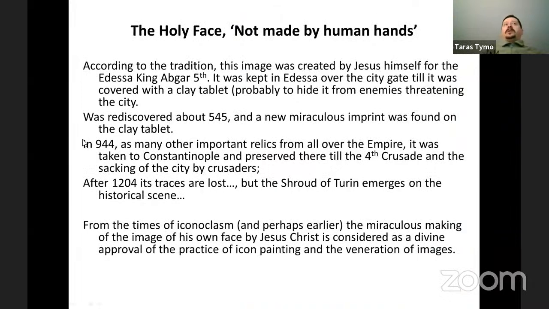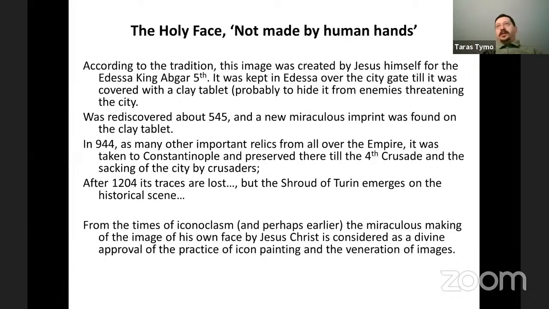Later, if we put all the facts or all the data from those legends together, it looks like it might be that, we don't know if this element of the legend that Abgar actually received something from Jesus is accurate.